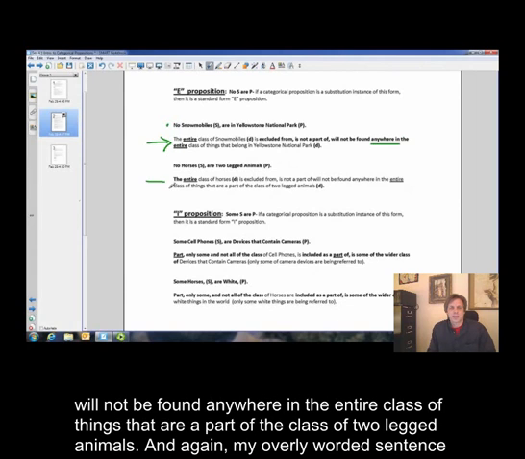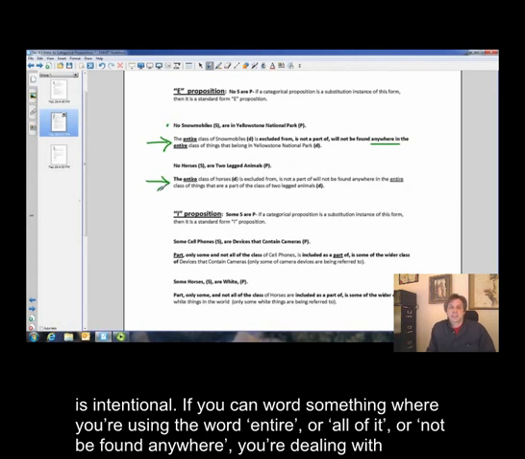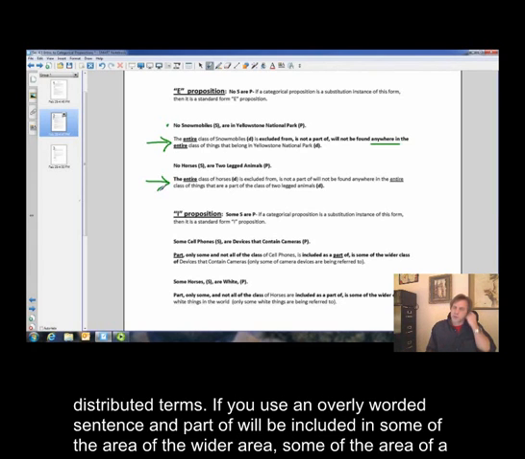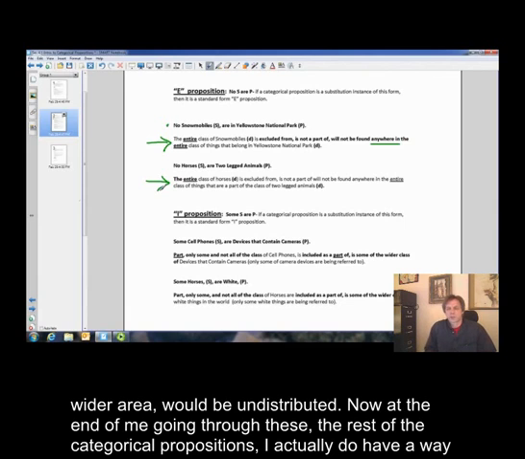And again, my overly worded sentence is intentional. If you can word something using the word entire or all of it or will not be found anywhere, you're dealing with distributed terms. If you use an overly worded sentence where part of will be included in some of the area of a wider area, that would be undistributed.